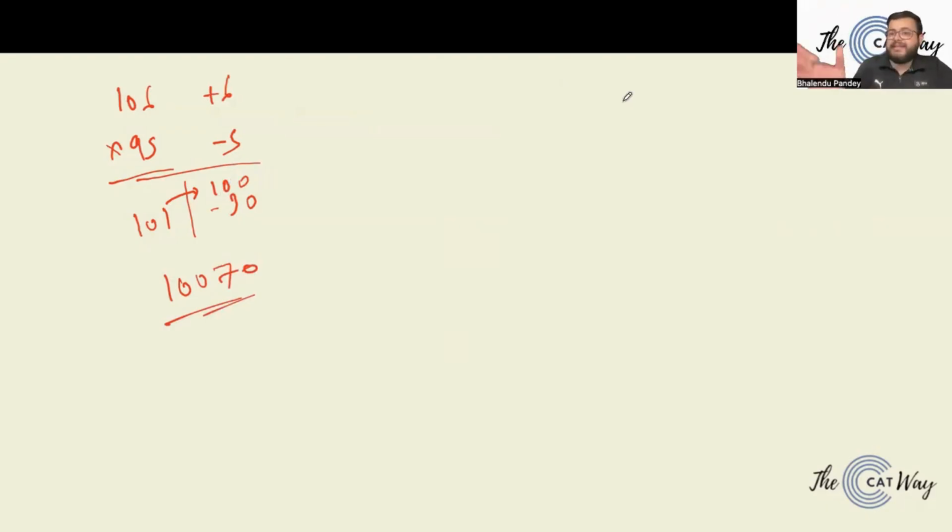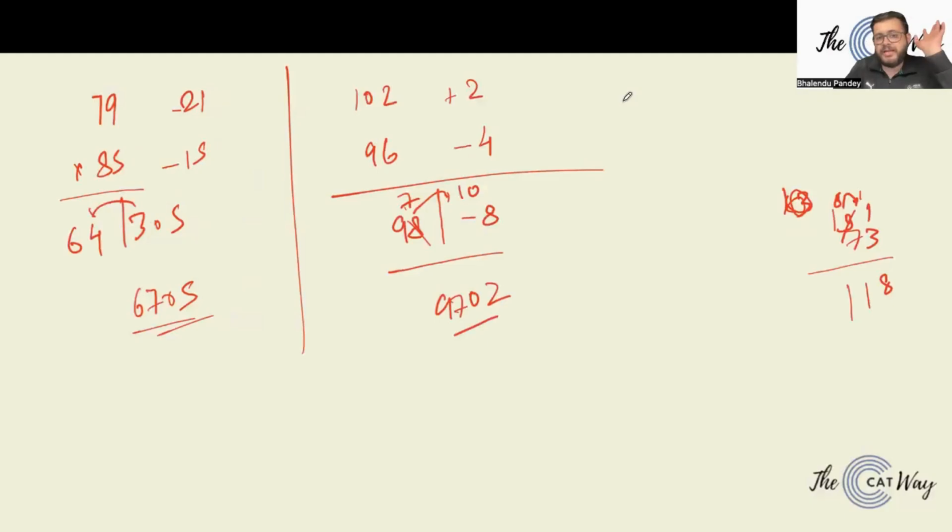So instead of taking 10 as a carry forward, you are taking 100 as a carry forward, because you cannot subtract the value from 10. You will be subtracting the value from 100, because 30 eventually has to be subtracted. So for that you need 100. So 100 ka carry forward would be taking place over here, and not only 10 ka carry forward. I'm sorry, I said it wrong, I believe. So over here also it is a 100 ka carry forward.